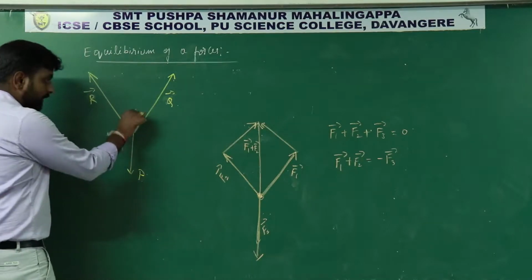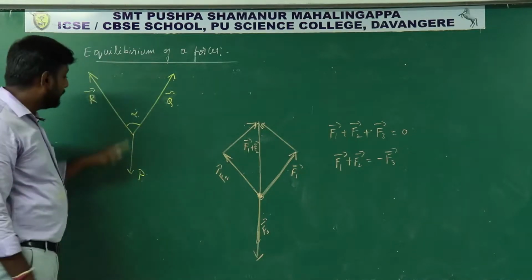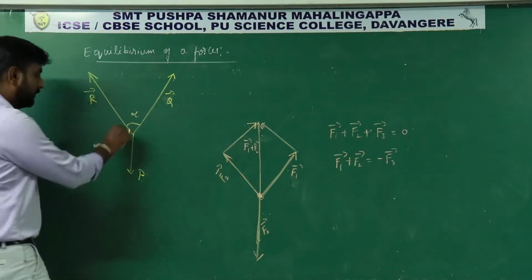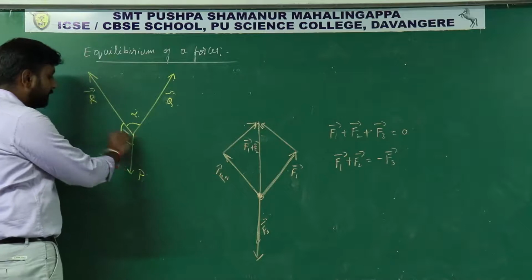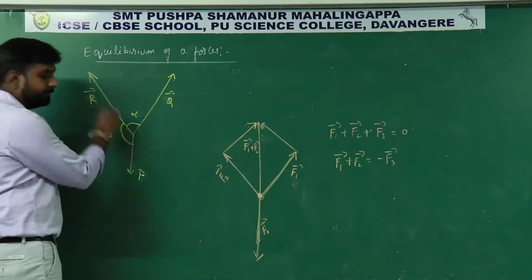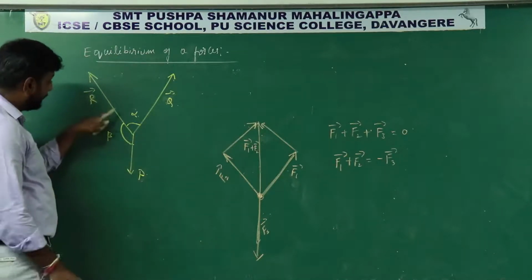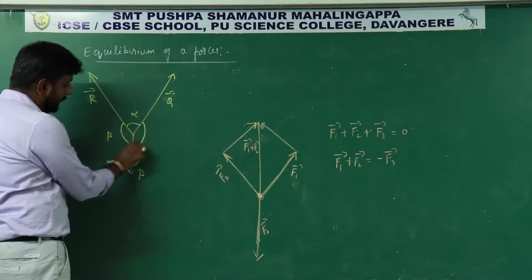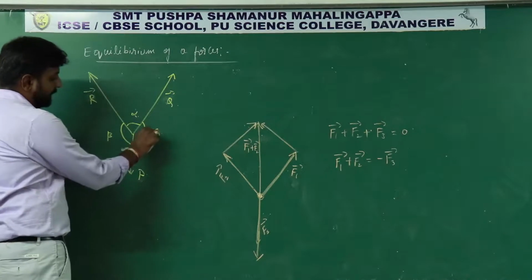This angle, let us take it as alpha. That means this is the angle between R vector and Q vector. This angle, let us take it as beta. That means this is the angle between R vector and P vector, and this angle, let us take it as gamma.